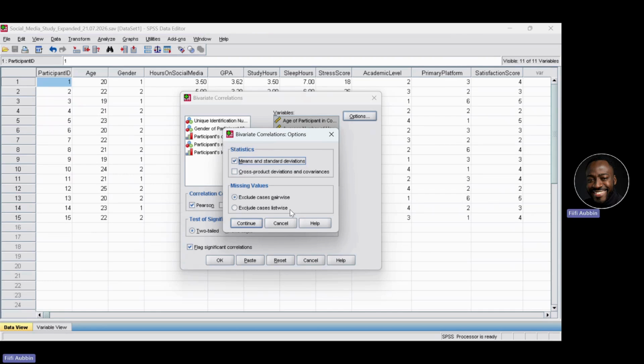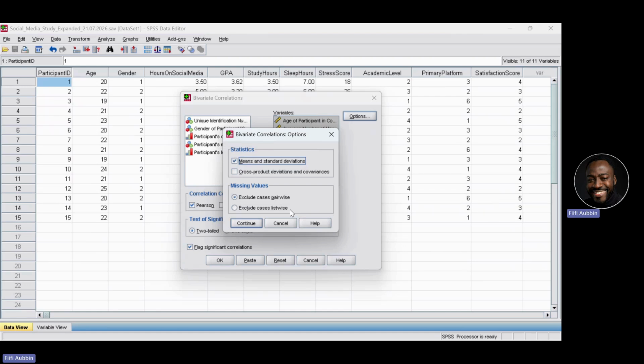So the appropriate choice depends on your research and the extent of missing data. Listwise exclusion is often preferred when researchers want every analysis to be based on exactly the same participants, and pairwise exclusion is useful when preserving as much information as possible is your priority.